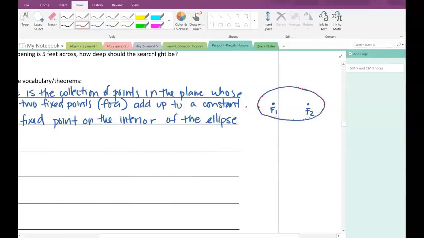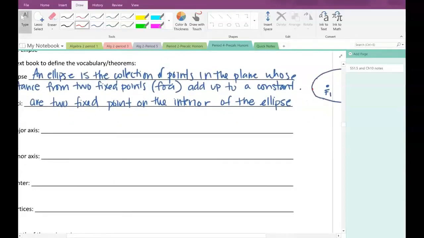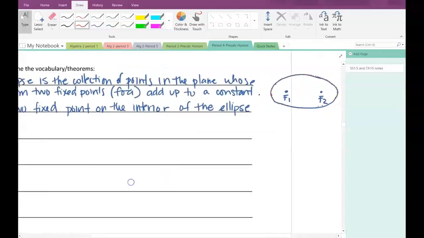Then it says, collection of points in the plane whose distances from two fixed points. So let's say I pick that point, this distance and that distance. If I add those two, it should be the same as if I were to pick this point and add that with that. So the distances in red, if you add those two, should be exactly the same as the two green distances. And let's say I pick this point.